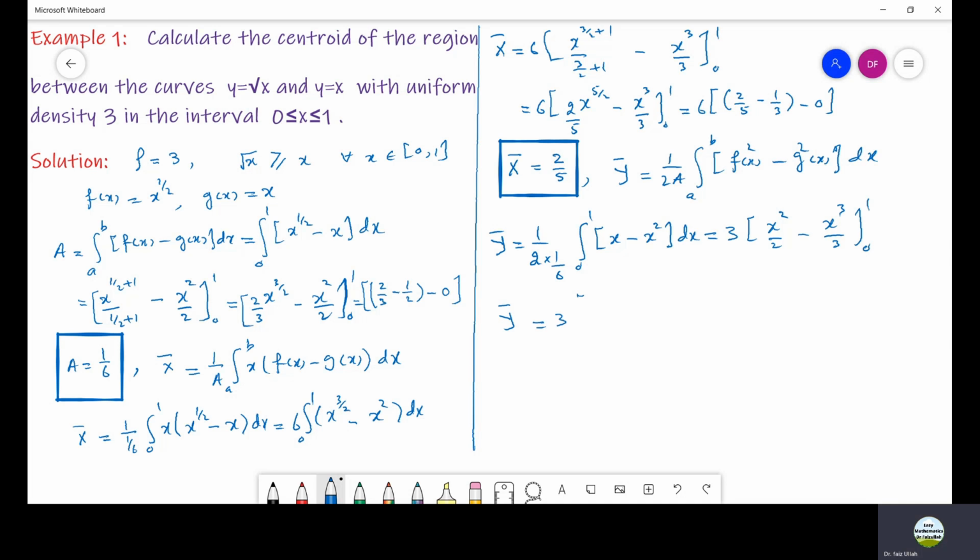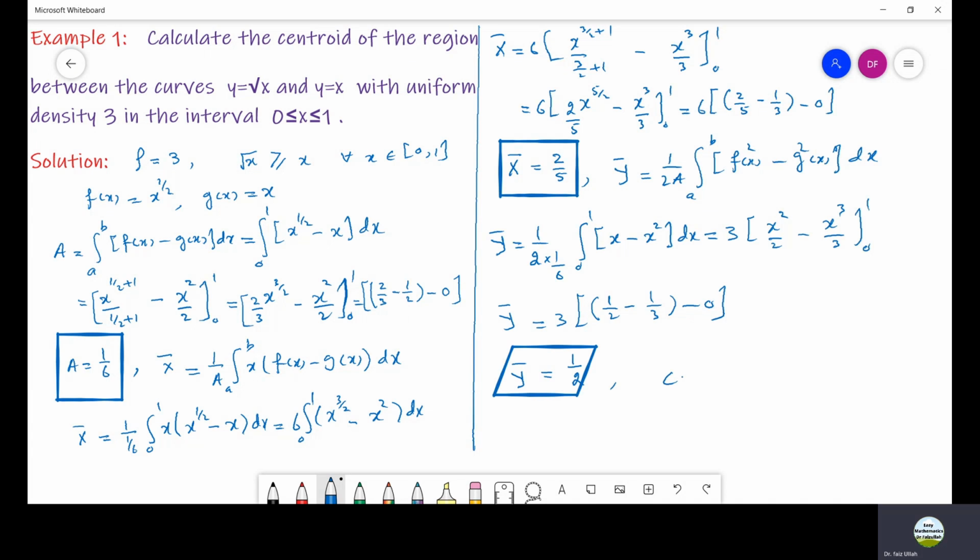The upper limit is 1, so we get 1 over 2 minus 1 over 3. And if we substitute 0, we get 0. Now from simplification here we get y bar is equal to 1 over 2. So that is the y coordinate.